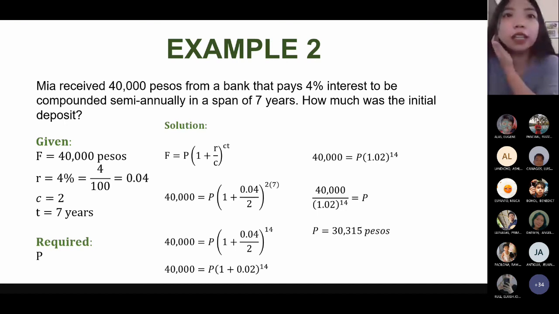And then simplify lang natin. So starting sa loob ng parenthesis, 0.04 divided by 2, that is just 0.02. Add it to 1, you will have 1.02 sa loob ng ating parenthesis.